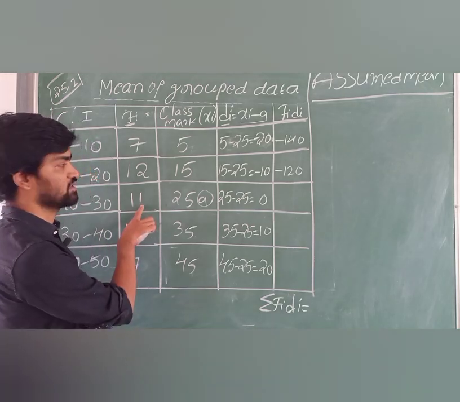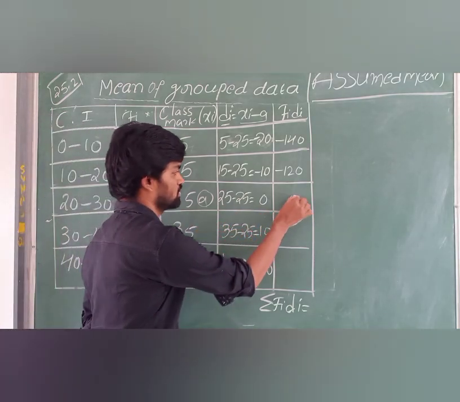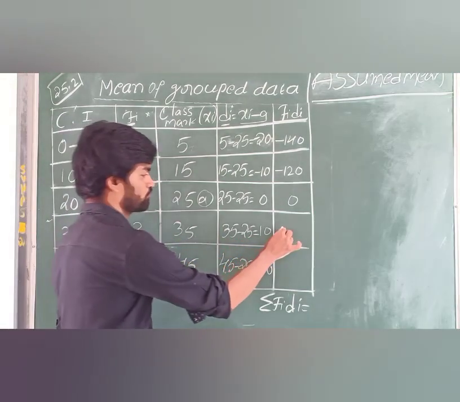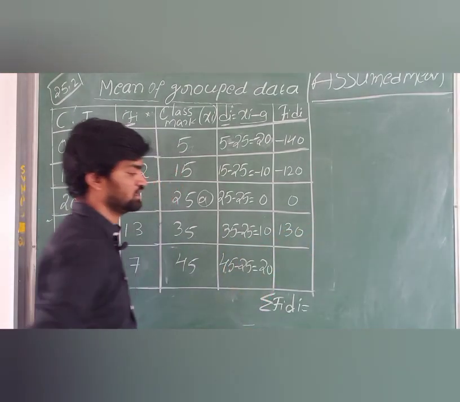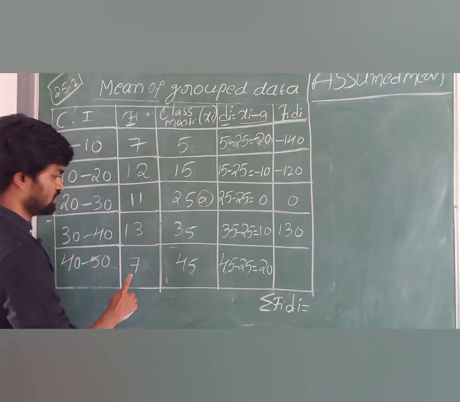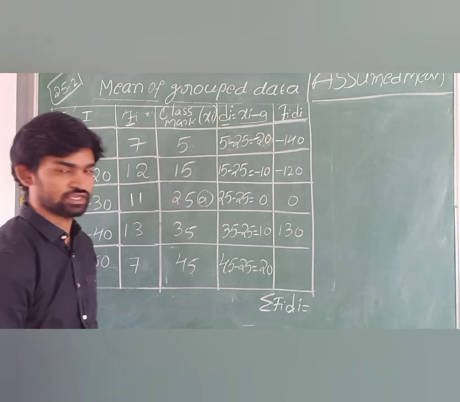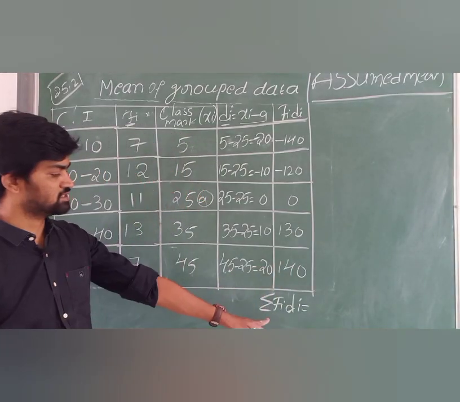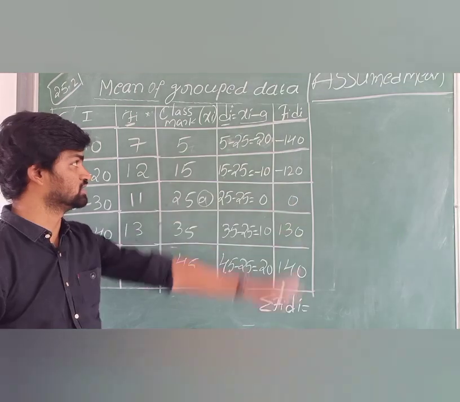Next, 11 into 0 is 0. 13 into 10 is 130. 7 into 20 is 140. Again, summation.